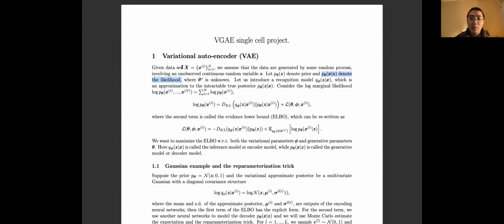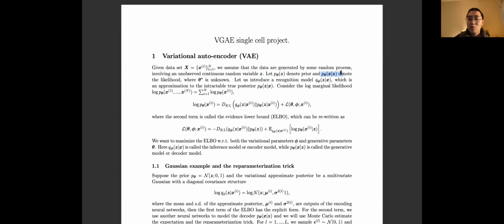We can only observe X, we can't observe Z. And here theta star denotes the true parameter, which is unknown. So we don't know the true likelihood and the true prior.